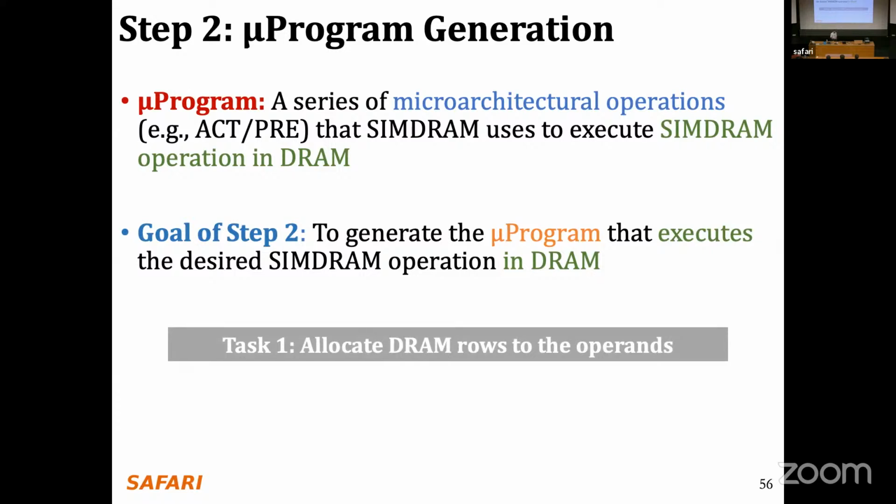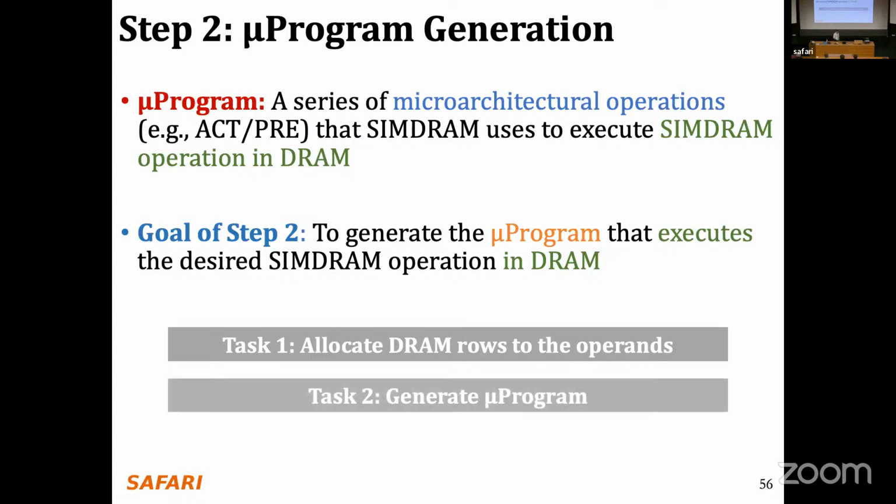The first one is we need to map the inputs of that majority-NOT circuit into DRAM rows to prepare the computation, and later on we need to generalize this microprogram to be able to implement n-bit computation, because the circuit is only for 1 bit, right? So if you have to do it many times, you need to generalize it to the n-bit precision that you need to do the computation.